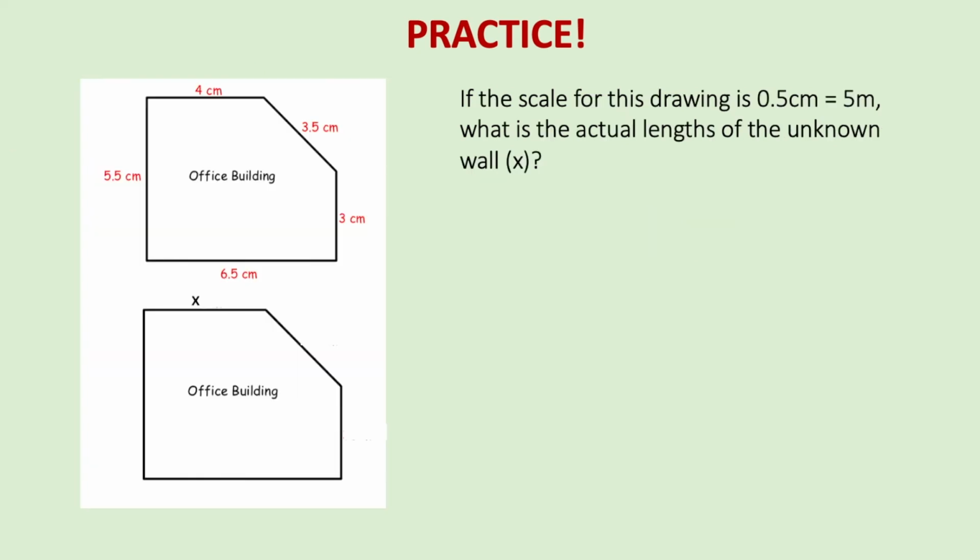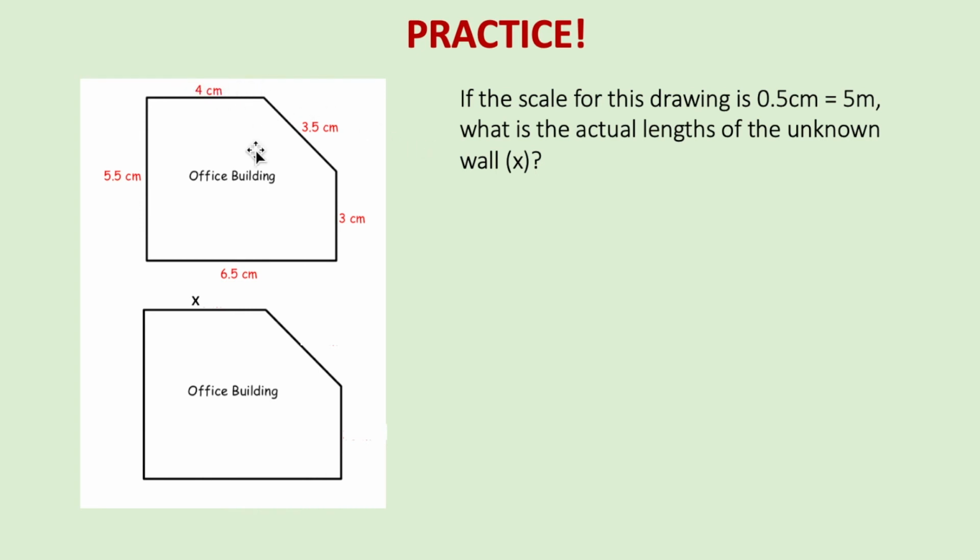If the scale for this drawing is 0.5 centimeters is equal to 5 meters, what is the actual length of the unknown wall? In this practice, we're finding the length of the office building if this is a scale drawing and it says that the wall here is 4 centimeters long.